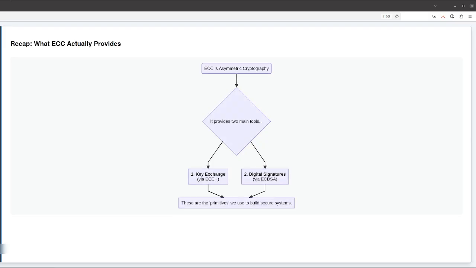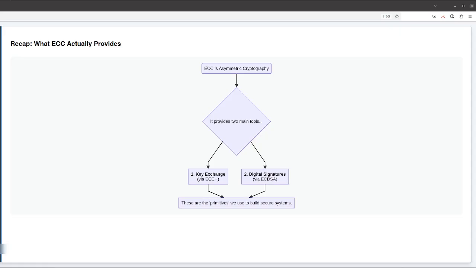Recap: what ECC actually provides. Before we discuss what ECC isn't, let's quickly recap what it is. ECC is a type of asymmetric cryptography. This means it operates using a key pair: a public key that can be shared with everyone, and a private key that must be kept secret. From this foundation, ECC provides us with two powerful tools, or primitives.